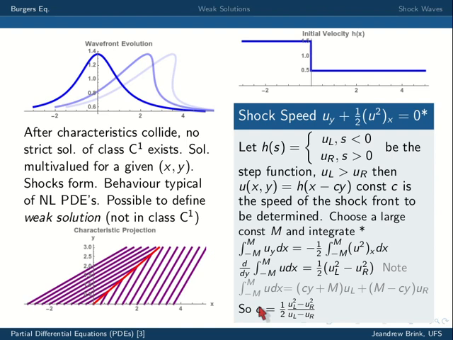You can see, if I want the solution to satisfy the equation on average, not precisely at every point, then this shock will be moving at a speed that is basically u left plus u right over 2. It will be moving at the average of the two initial velocities. This derivation is true for Burgers' equation with this initial condition.